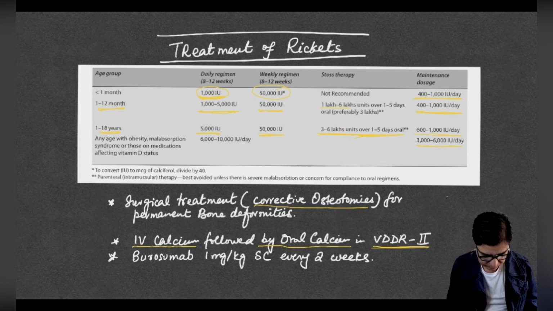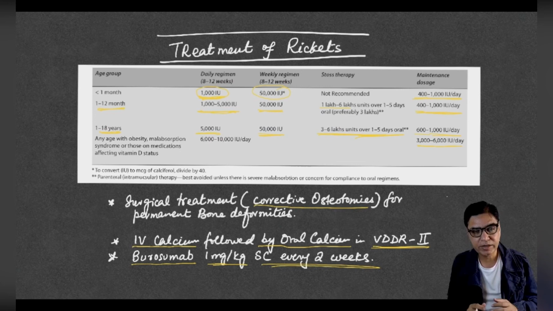Similarly, these days, the Nelson Textbook of Pediatrics 21st edition mentions burosumab. This is a monoclonal antibody, and 1 milligram per kg subcutaneous every 2 weeks can be given in vitamin D dependent rickets type 2. Again, this is the latest treatment.